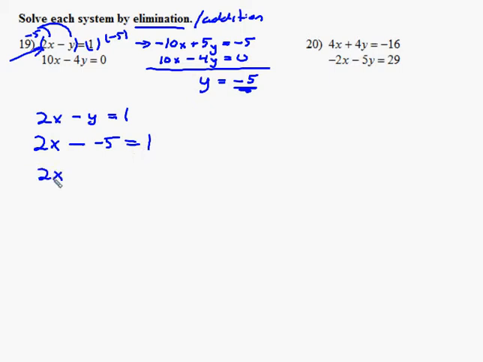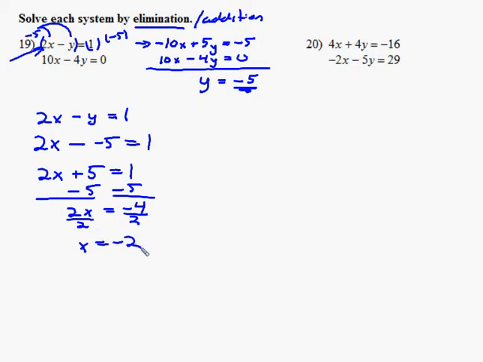So we have 2x minus a negative is a positive. We'll subtract 5 from both sides, and we get 2x equals -4. Dividing by 2, you get x equals -2.